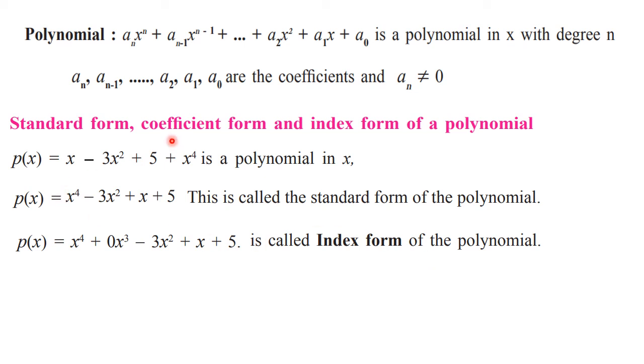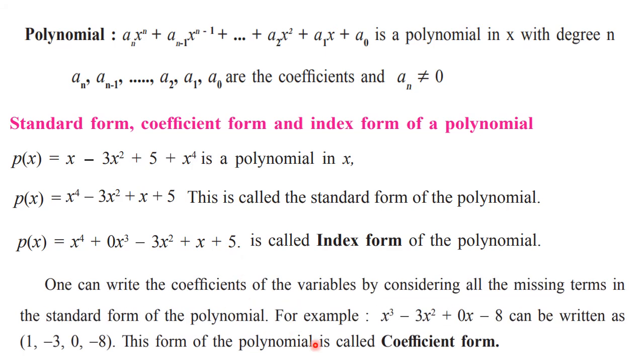And finally, we will see now the coefficient form. In coefficient form, we are not going to think of the variable. We are going to think of only the coefficients of each and every term, and then we have to write down all these coefficients in round brackets separated by comma like this. Here a different example is taken.